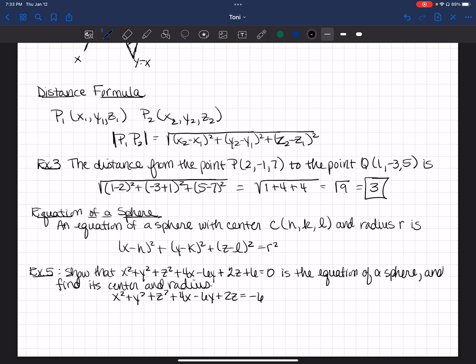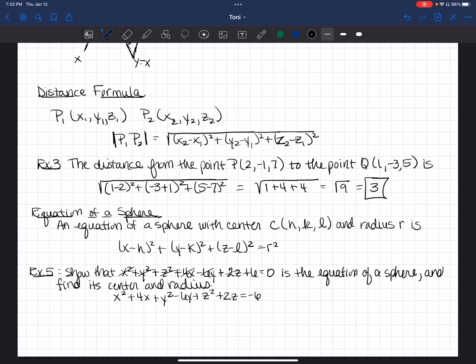So you've got to get all the x's together, the y's together, and the z's together. x squared plus 4x, plus y squared minus 6y, plus z squared plus 2z equals negative 6. Move that 6 to the other side because you have to have a radius over there anyway.